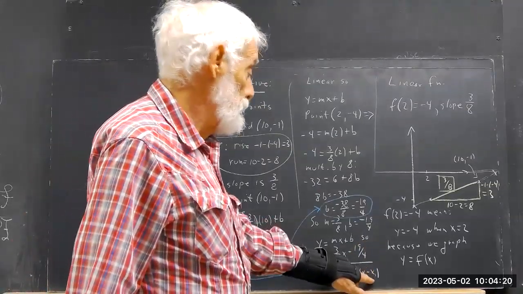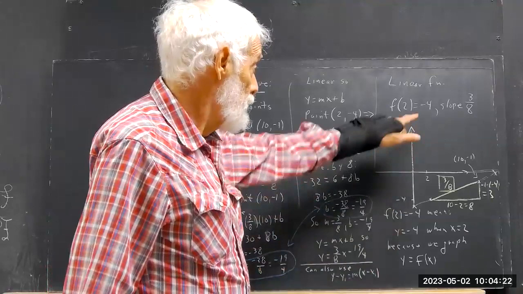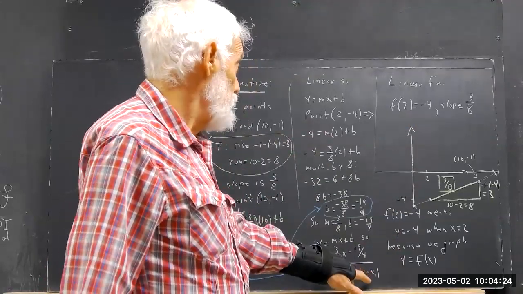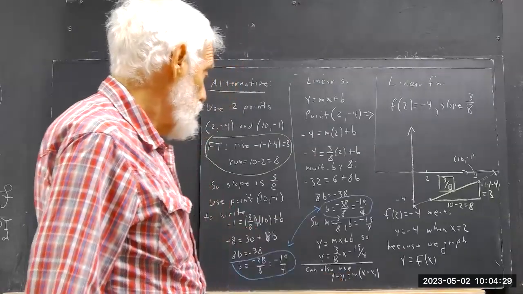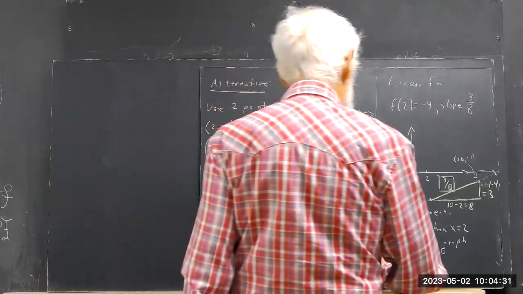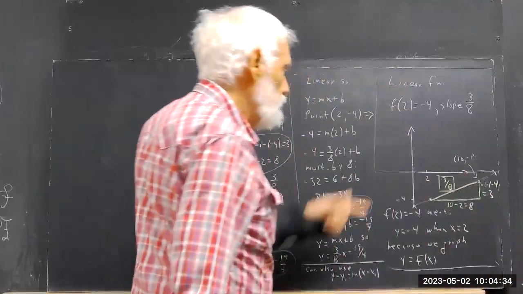You know, x1 would be a given value 2, and y1 would be -4. Now you can plug that in, it comes out very straightforward. It gets you the answer without any thinking.